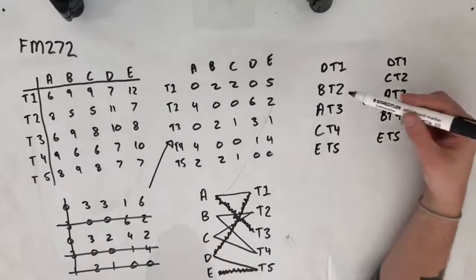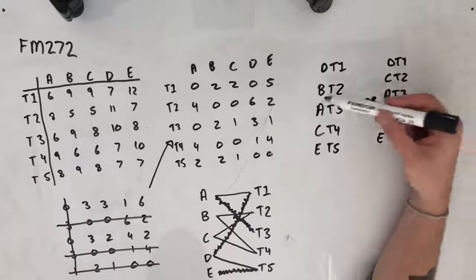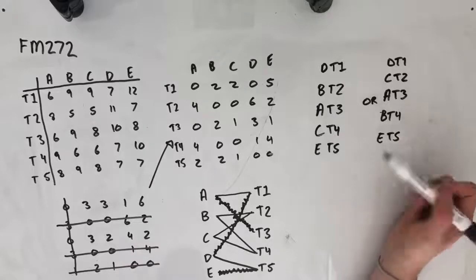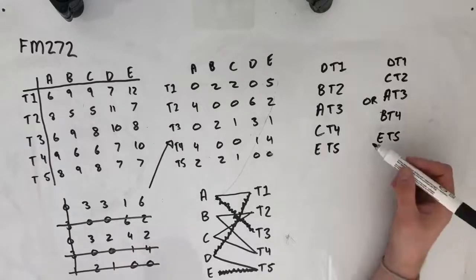So the difference in our allocations here is that either B or C is completing task 2, and either B or C is completing task 4. Those are the only 2 that we've swapped.